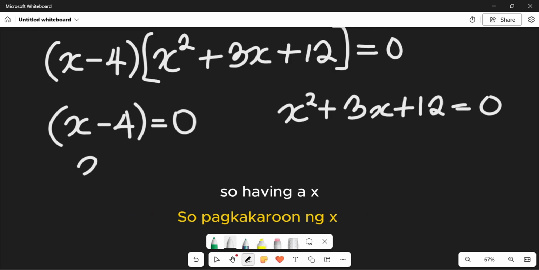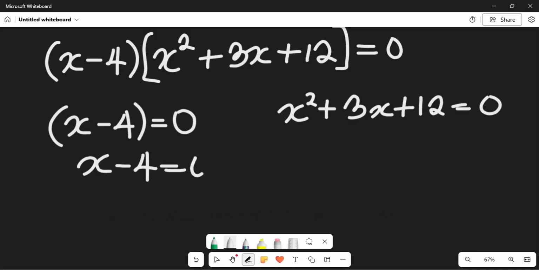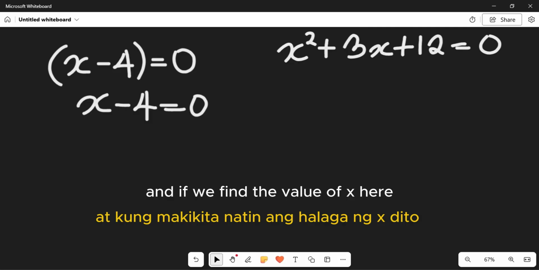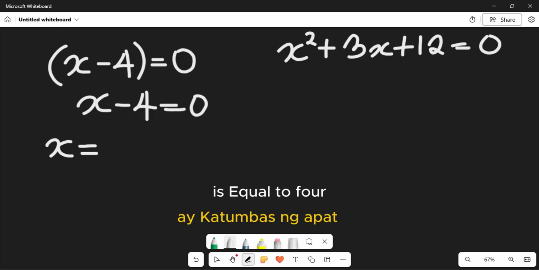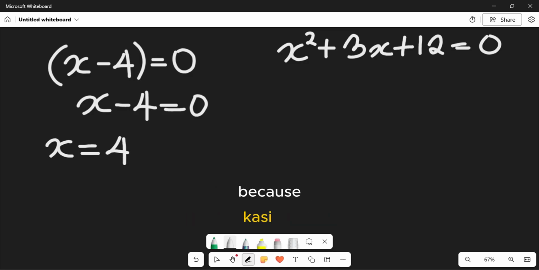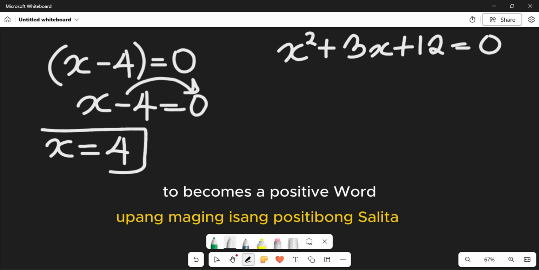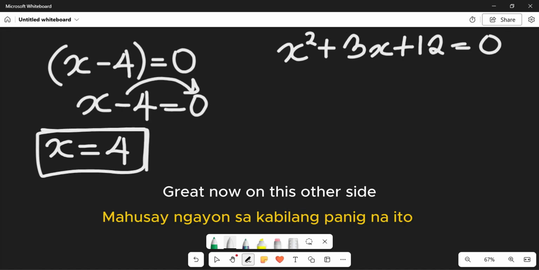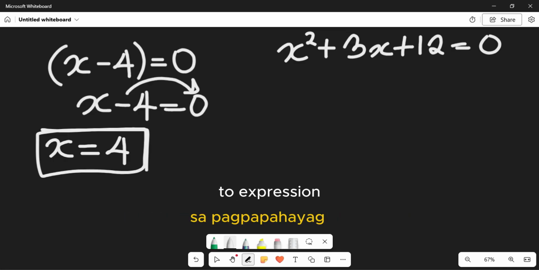Having x minus 4 equal to 0, we can simply find the value of x. You will simply see that x is equal to 4, because 4 will cross over the equal sign and become a positive what? A positive 4.